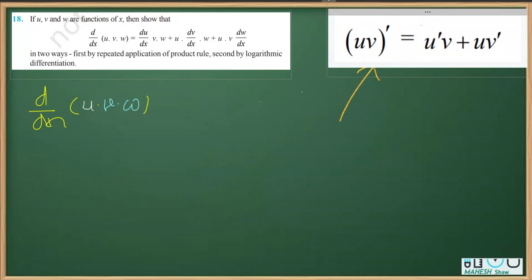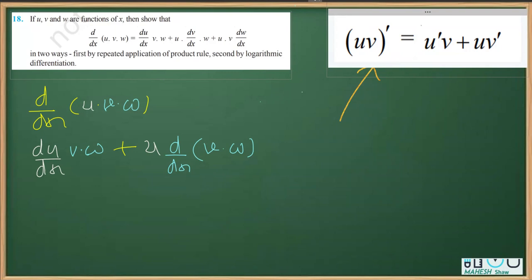So it's going to be du by dx for the first function, which is u, times v·w, the other function. Then plus, u dash v is done, then u v dash, that means u times d by dx of v·w. So this is what we have split.